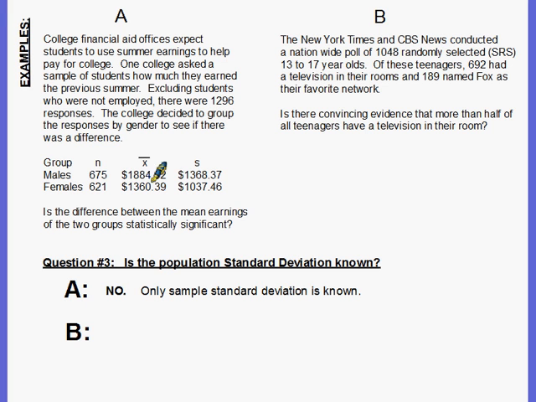We really have no idea what the true population standard deviation is. So all we have is sample standard deviation, which, as we know, is larger than population standard deviation.